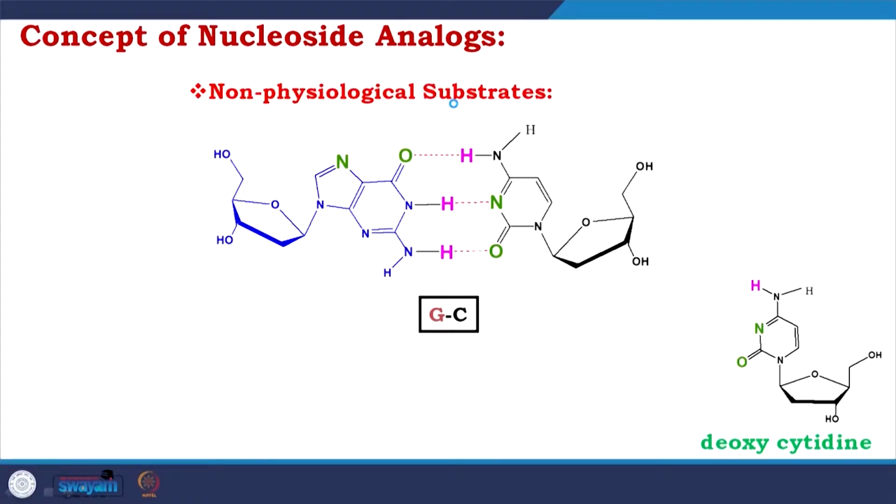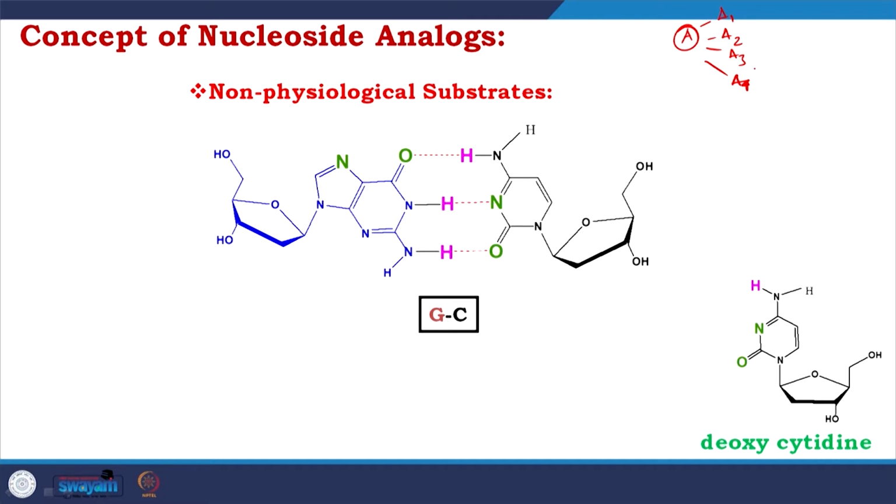And with that background in mind, now I am going to introduce something called nucleoside analogues. So, you know about nucleosides, now I am talking about analogues. What are analogues? If you have a compound A and then you make variations A1, A2, A3, A4, they are called analogues. So, by definition, nucleoside analogues are variants of these nucleosides.